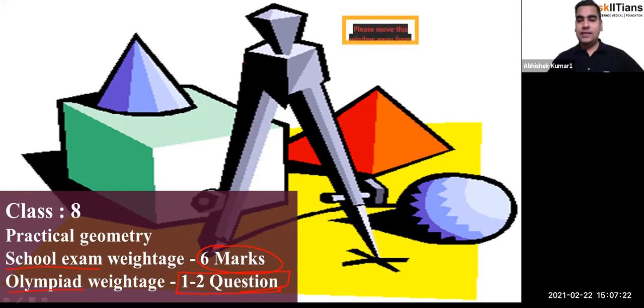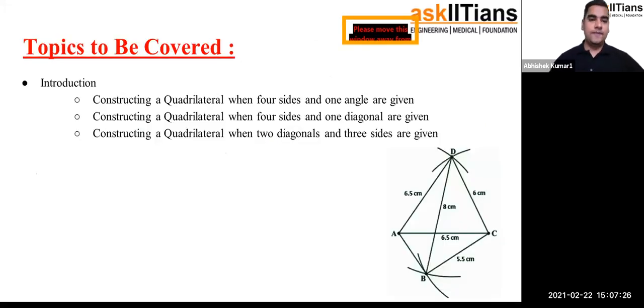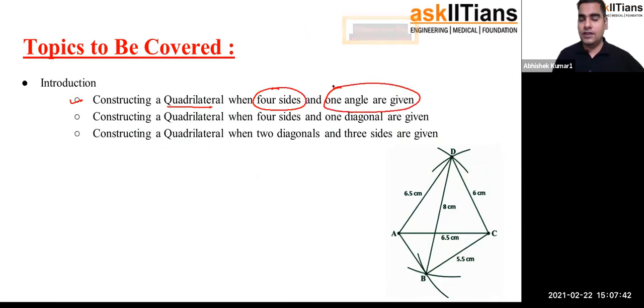So let's see which topics we are going to cover in today's session. We have three topics. We are going to learn how to construct a quadrilateral when you are provided the four sides of a quadrilateral and any one angle of the given quadrilateral.